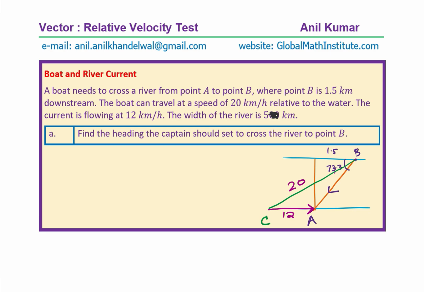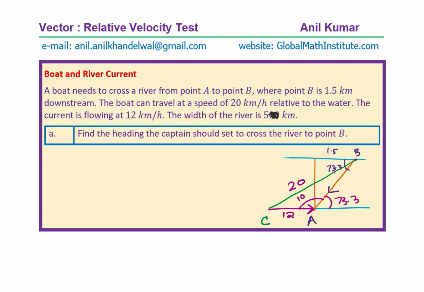So in this situation given to us, this angle here is 73.3. So we know the angle inside, right? So that is 180 minus 73.3. So let's do it. We have 180 minus 73.3, and that gives us 106.7.